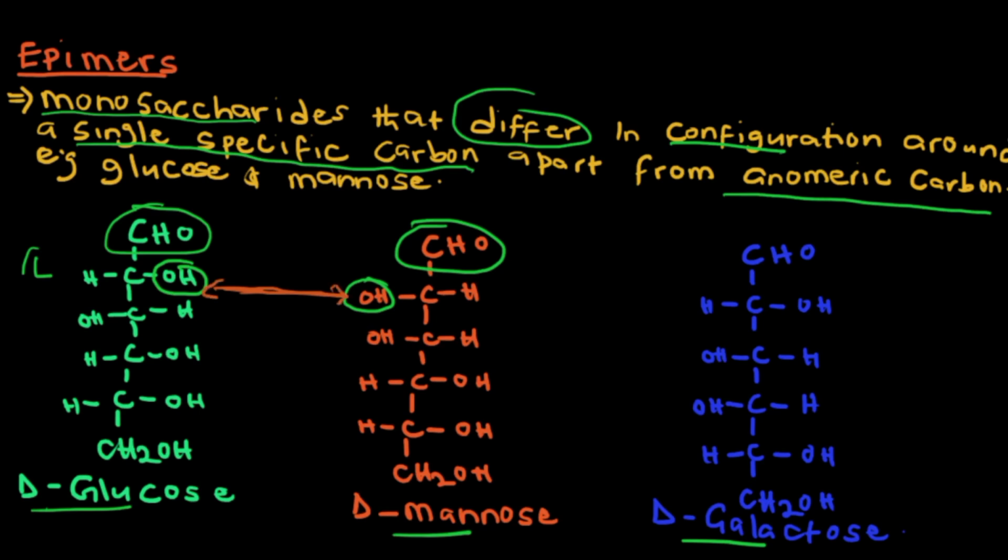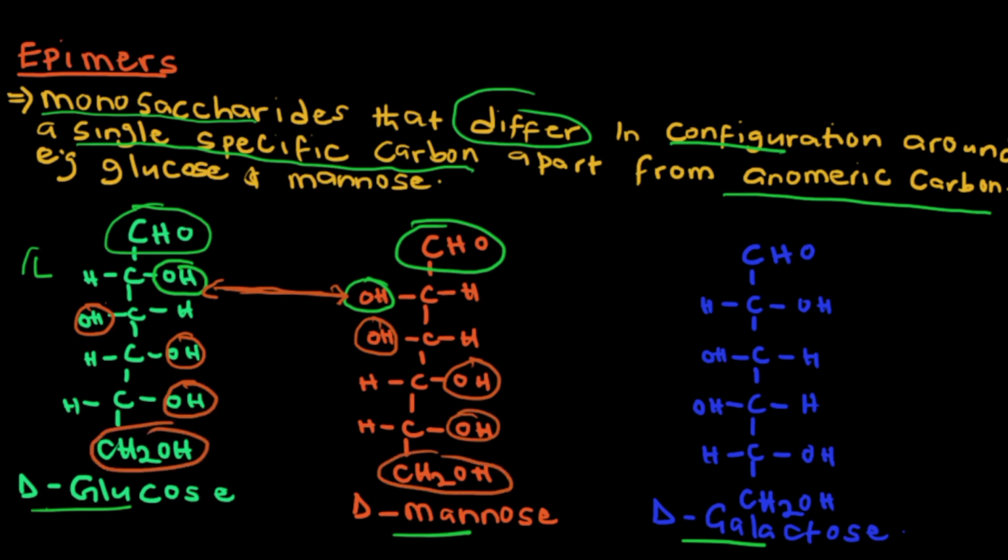Okay, so let's see. In the third carbon, OH is to the left for glucose, OH is to the left for mannose. In the fourth carbon, OH is to the right in glucose, OH is to the right in mannose. Fifth carbon, OH is to the right, OH is to the right. Then the last carbon is always the same.